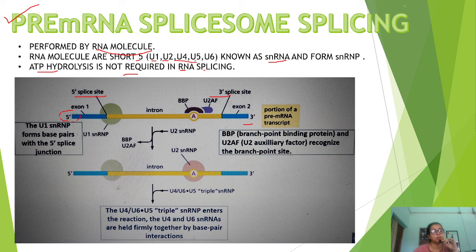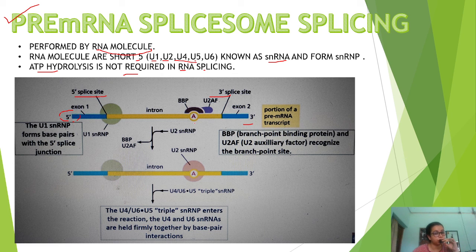Apart from the snRNAs U1, U2, U4, U5 and U6, there are certain other proteins involved in this process. First is known as BBP, the branch point binding protein. As I have already told you, this is the branch point of the intron, an adenine residue.